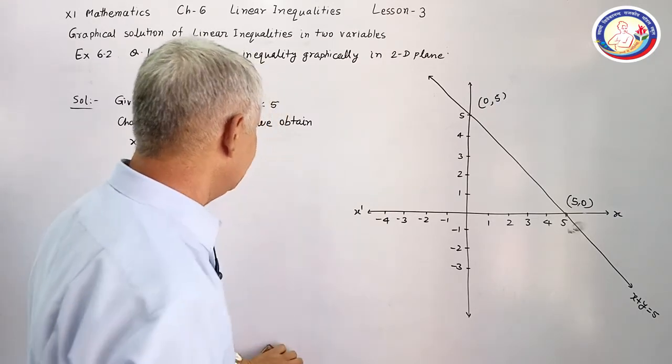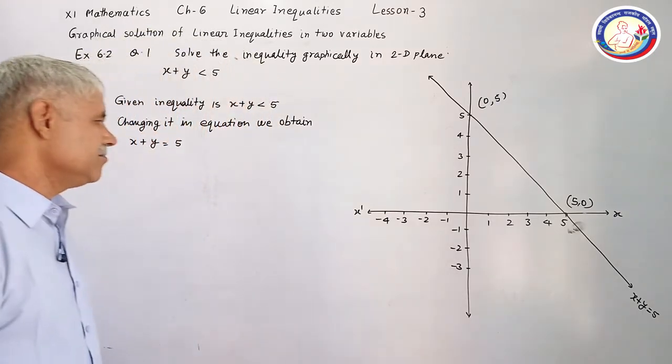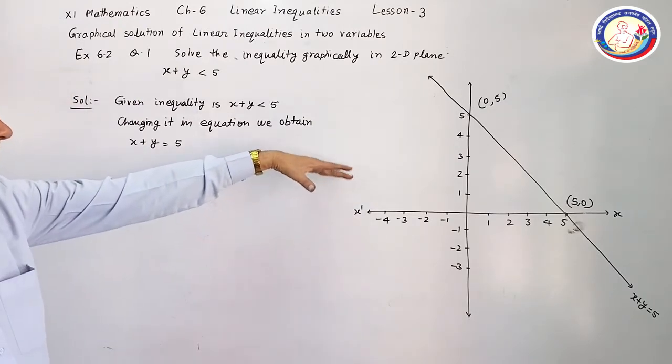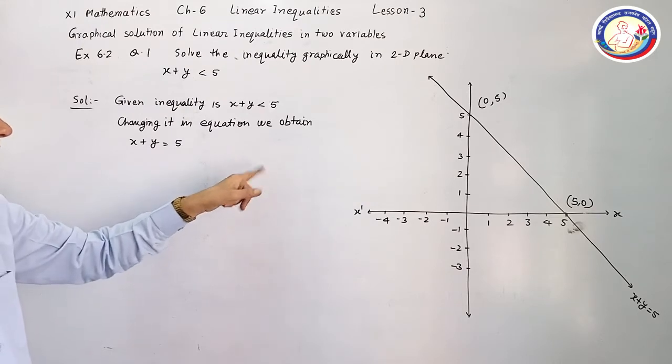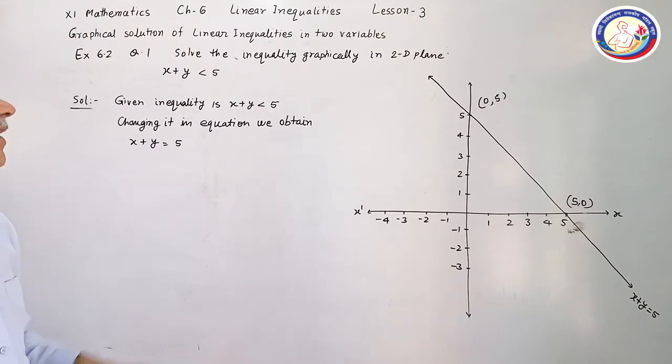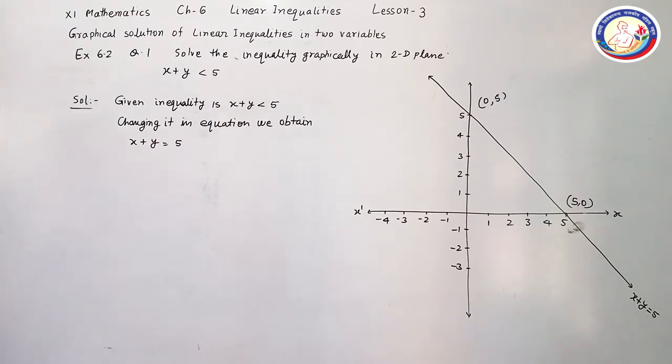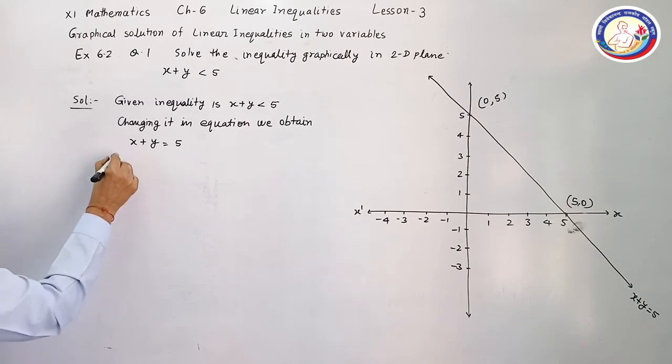This is very simple way to draw a graph of straight line. If there is any complication, you can divide the terms by a number which is divisible by the coefficient of x and y. Now, how will we find solution of this equation?